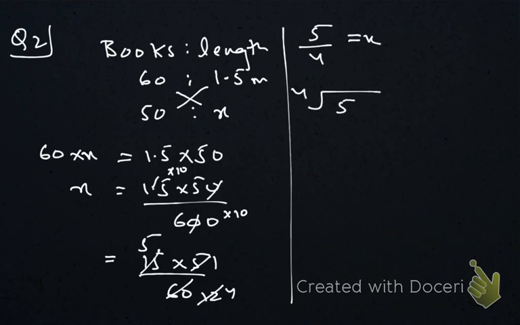5 divided by 4, 4 ones are 4, 4 twos are 8, 4 fives are 20.